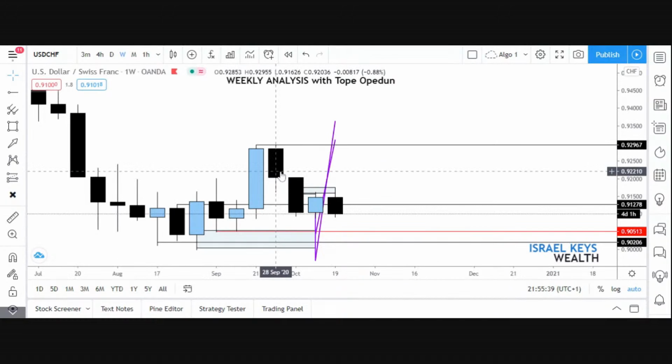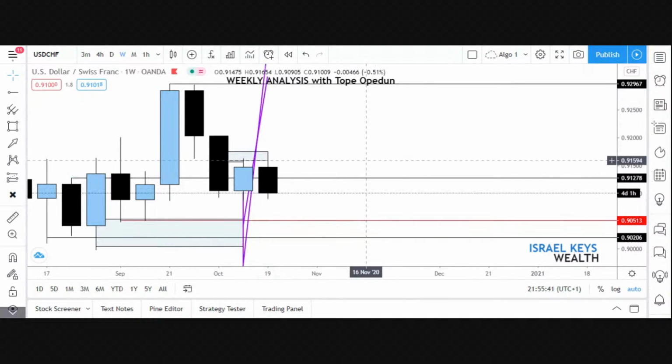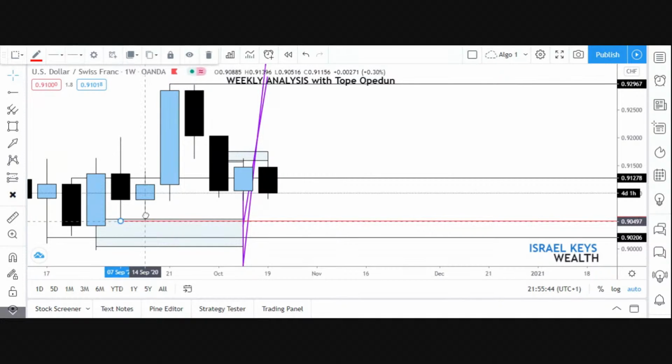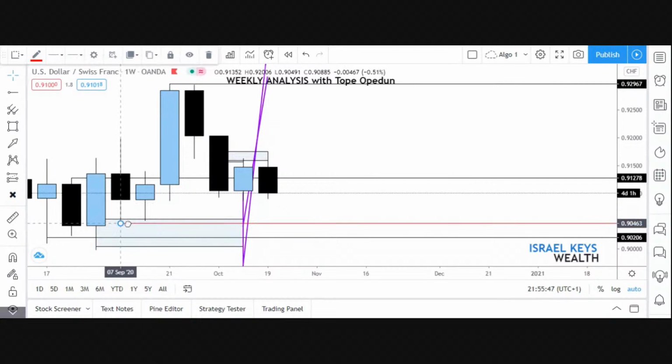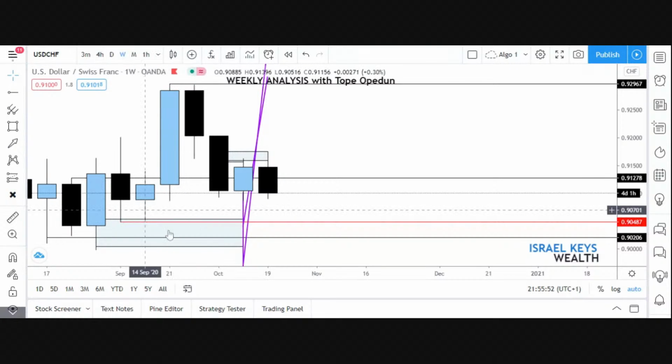And if we're going short, this red line will be a good target, because they're rarely left. They will not leave a double bottom without taking it.